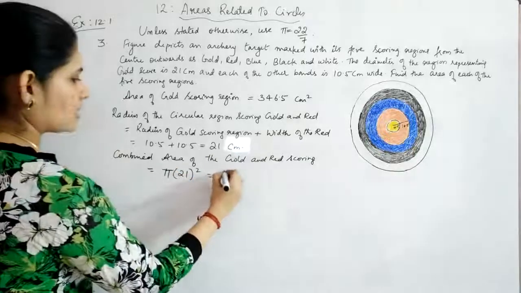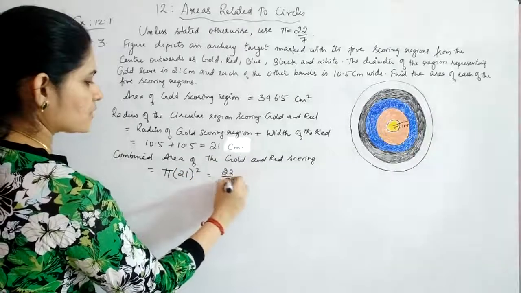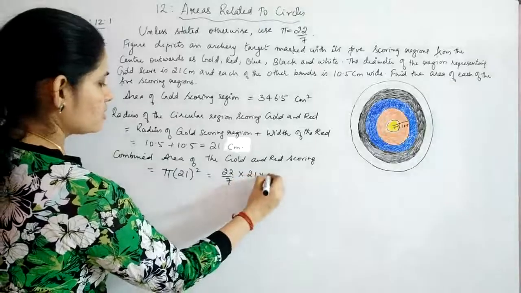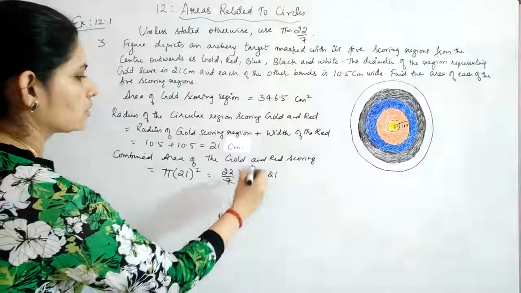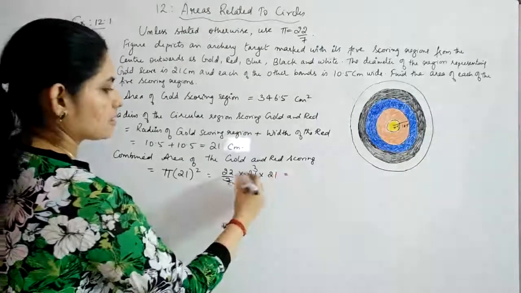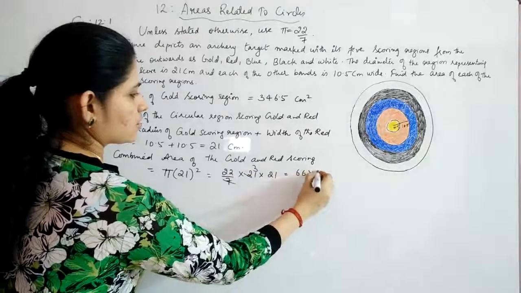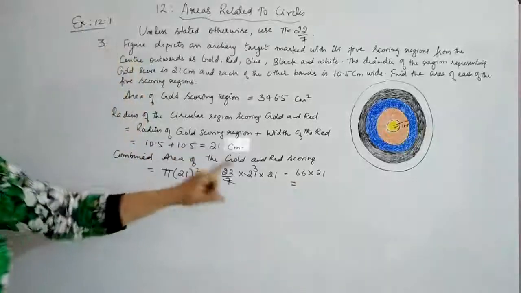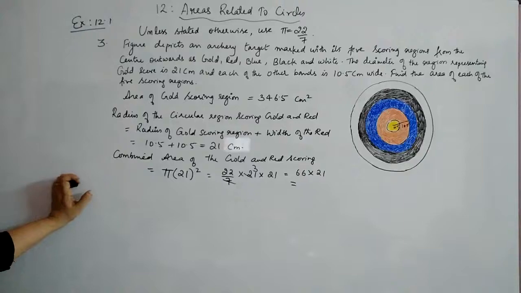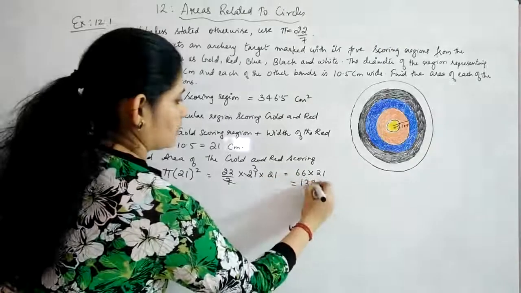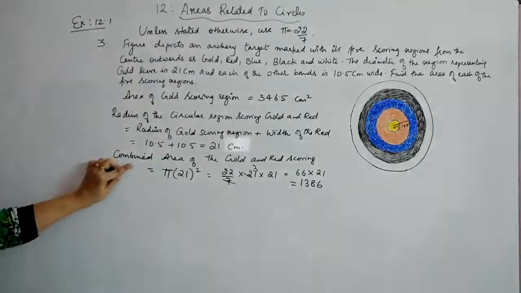Pi can be written as 22 by 7 into 21 into 21. Now this will give you 3, that is 66 into 21, and 66 into 21 will give you 1386.